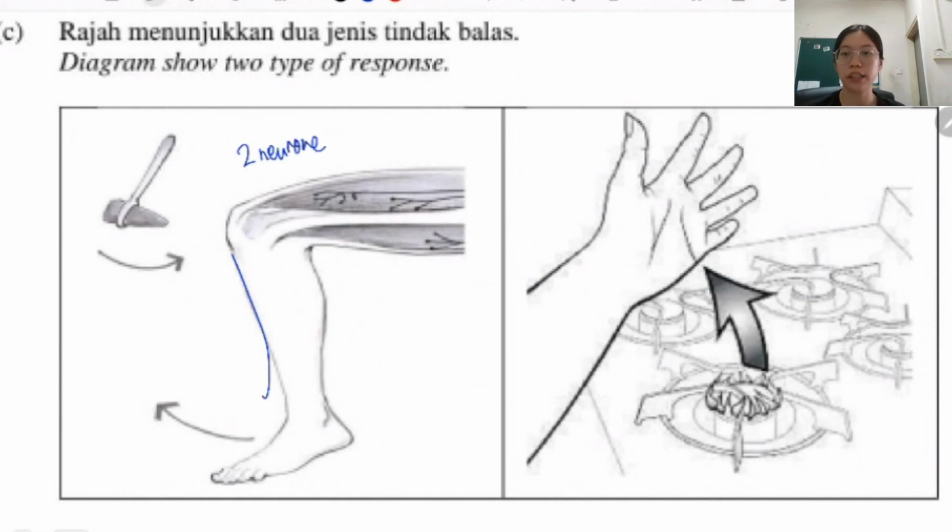This one is a two neuron reflex arc, while the 6.3 diagram is a three neuron reflex arc. Three neuron means it involves the sensory neuron, the relay neuron, then the motor neuron. But this one just involves the sensory and the motor neuron. That's why it's called a two neuron reflex arc.